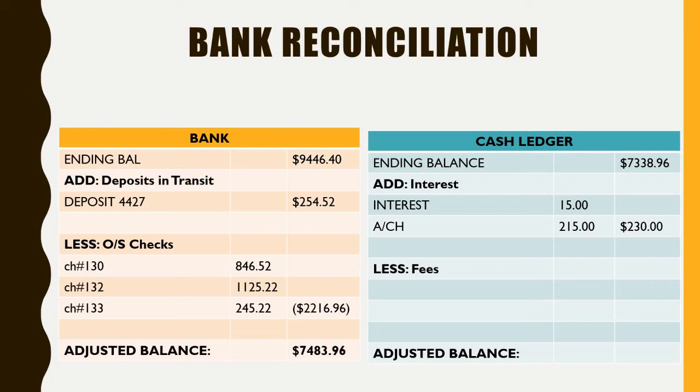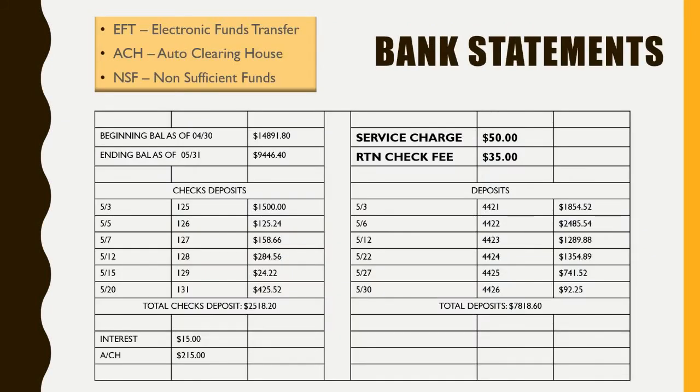All right. And then now I'm going to subtract any fees. Here my fees should be somewhere on my bank statement. Usually they're located at the very top. They should tell you that you had a service fee. You even encountered a returned check fee. So that's bad. All right. So here we have $50 and we have $35.